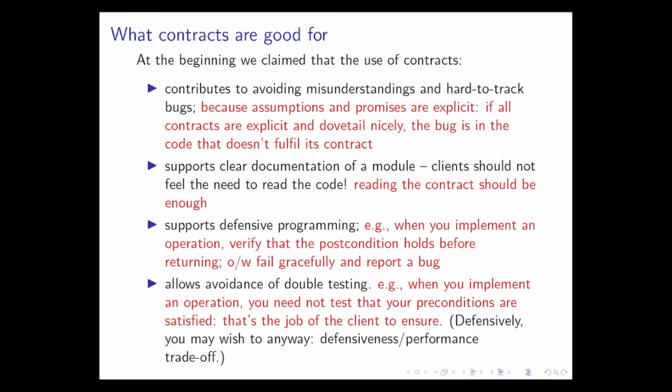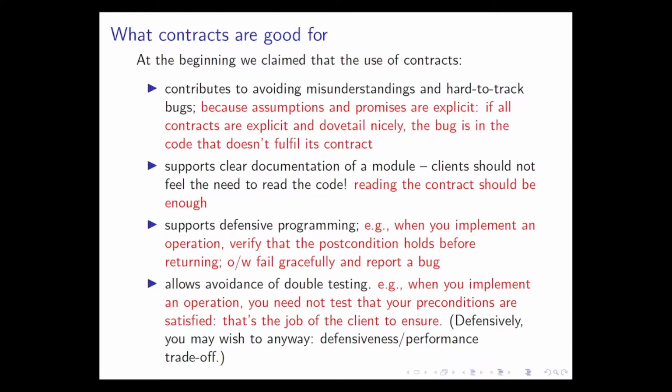So let's recap the purposes of contracts that we advertised at the beginning. We claimed that the use of contracts would contribute to avoiding misunderstandings and hard to track bugs, and the reason is that the assumptions and promises are explicit.